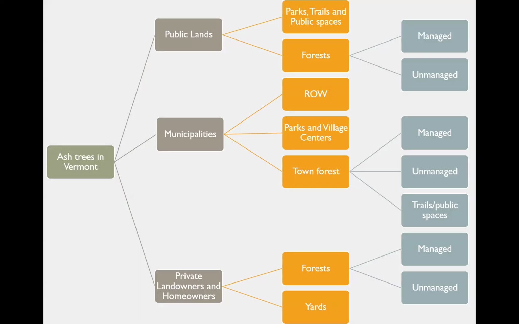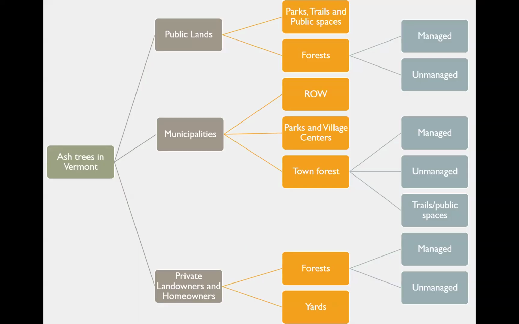So when we think about how to manage ash and how to approach the huge population of ash that are about to die based on our predictions, and evidence from other states that are already several years ahead of us in infestation waves, we know that most of the ash are going to die.